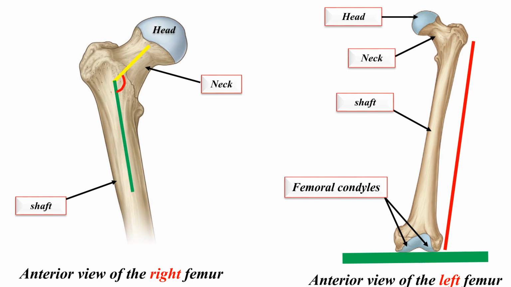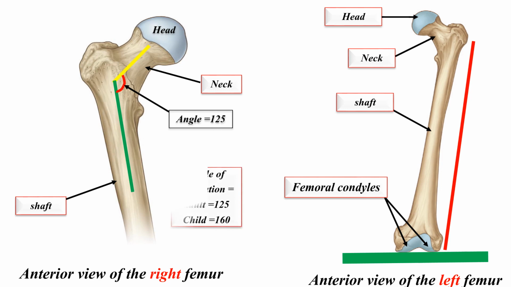This is the angle of inclination. It equals 125 degrees in adult males. In a child, it equals 160 degrees. The angle of inclination is widest at birth and diminishes until adolescence.